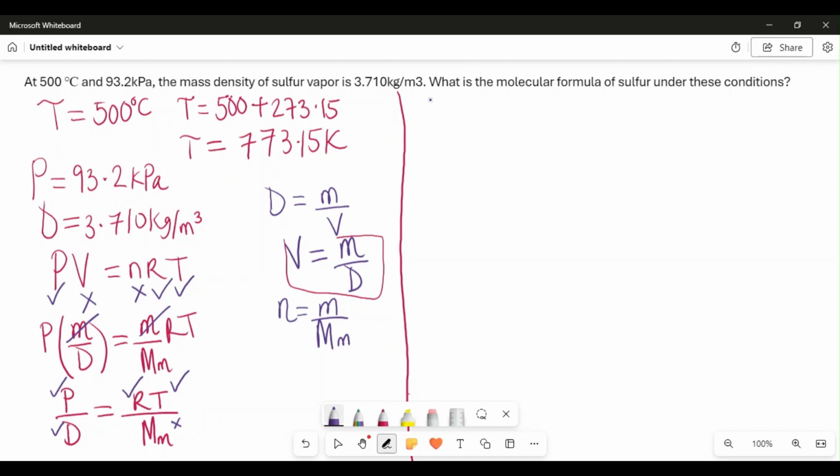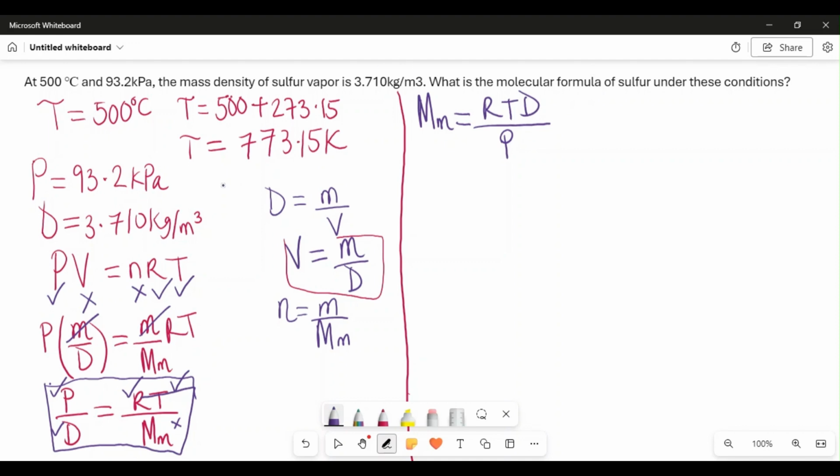So that would just mean rewriting this equation: P over D equals RT divided by molar mass. Rewriting this equation in terms of molar mass, we're going to end up having RTD divided by P. So basically, the gas constant times the temperature times density, all of that divided by pressure.